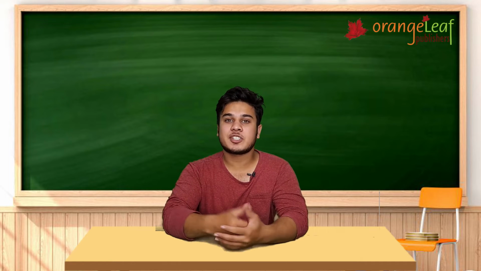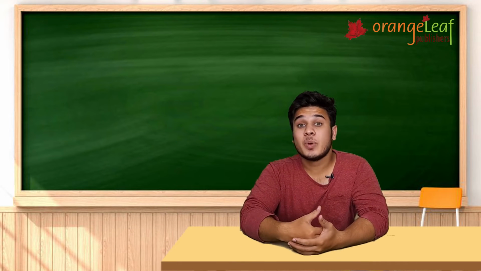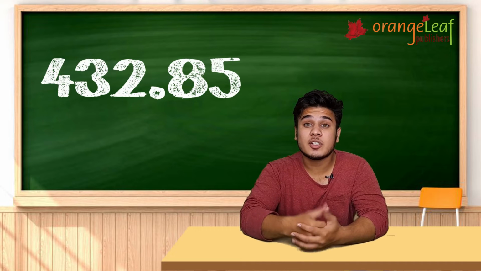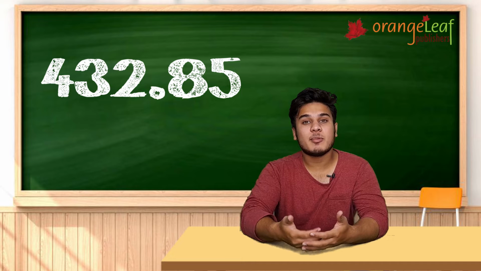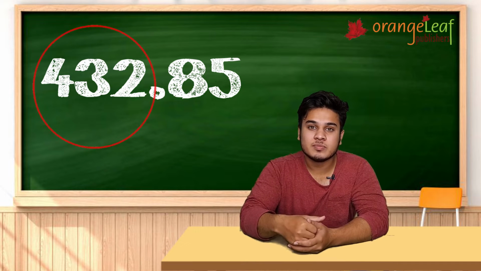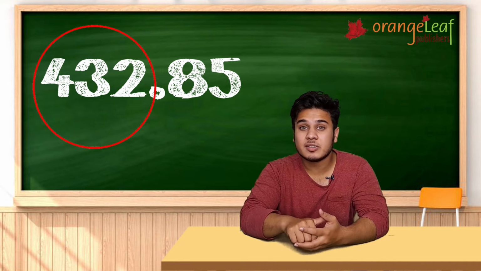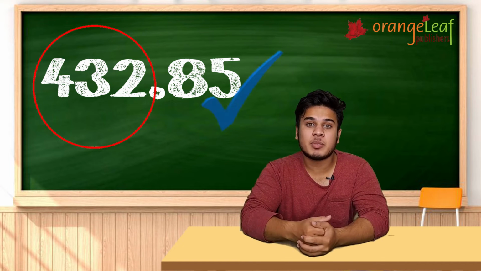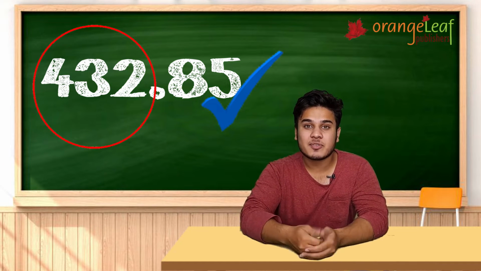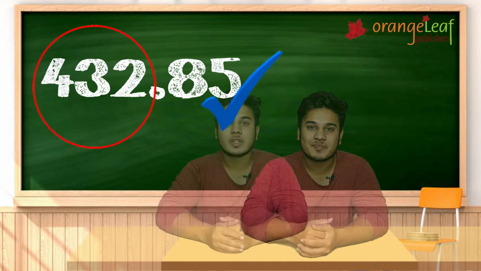I'll help you with the first question. So the first question is 432.85. Here, the whole number is 432. So that's the number that we circle. Then, what comes after the decimal is the decimal part, which is 85. So that is the part we tick.